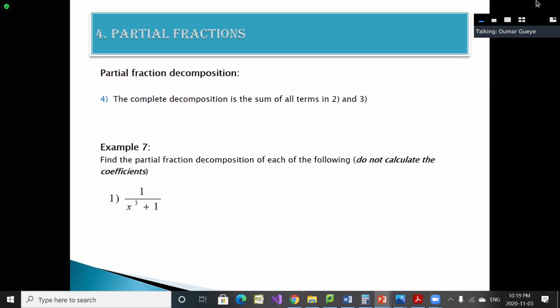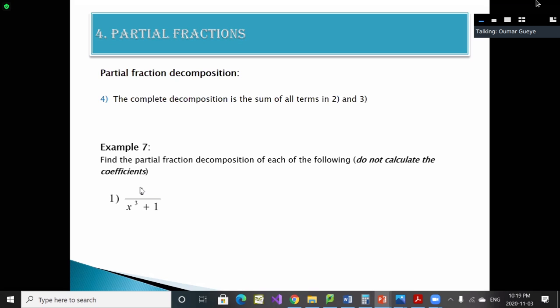So first example, we have 1 over x cubed plus 1. First of all, we verify if the two conditions are satisfied. 1 is a polynomial because 1 is equal to x to the power 0. It's a polynomial of degree 0. And this is also a polynomial of degree 3.